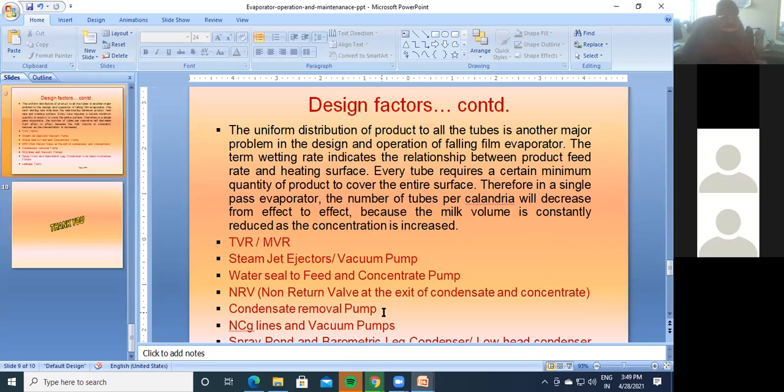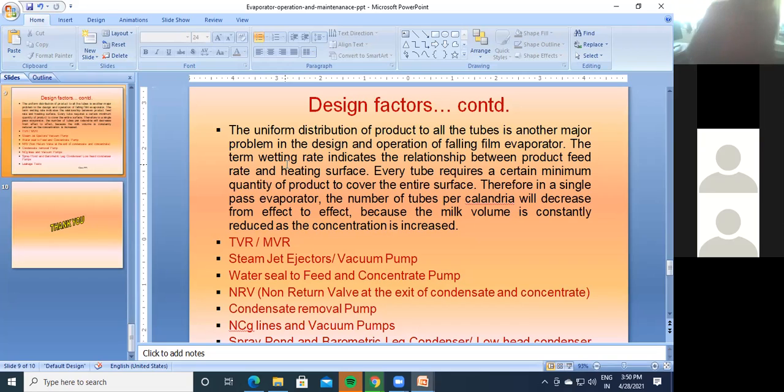Other design factors, that is uniform distribution, because there should be a distribution plate on the top, and that plate should be designed in such a fashion that uniform distribution of the milk on the inner surface of the tube takes place. And that is possible by the distribution plate and by the number of passes in the calandria.